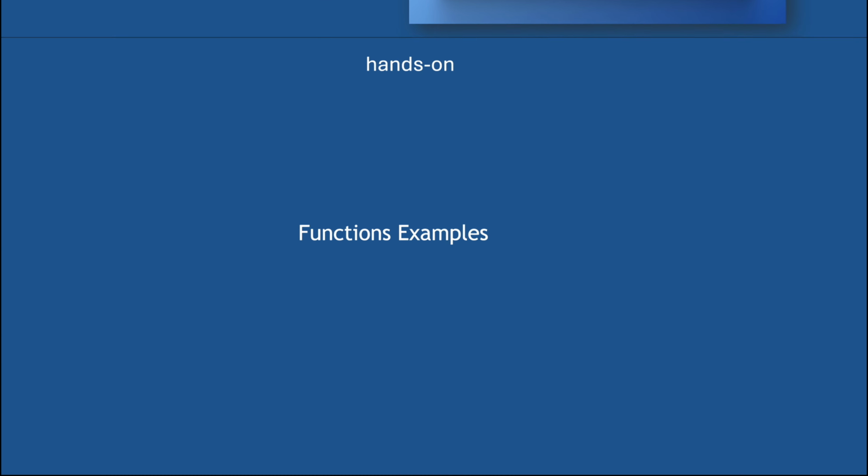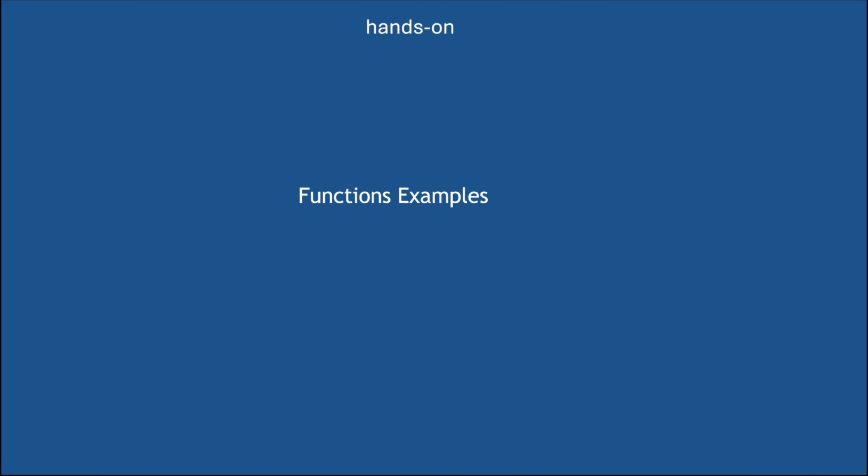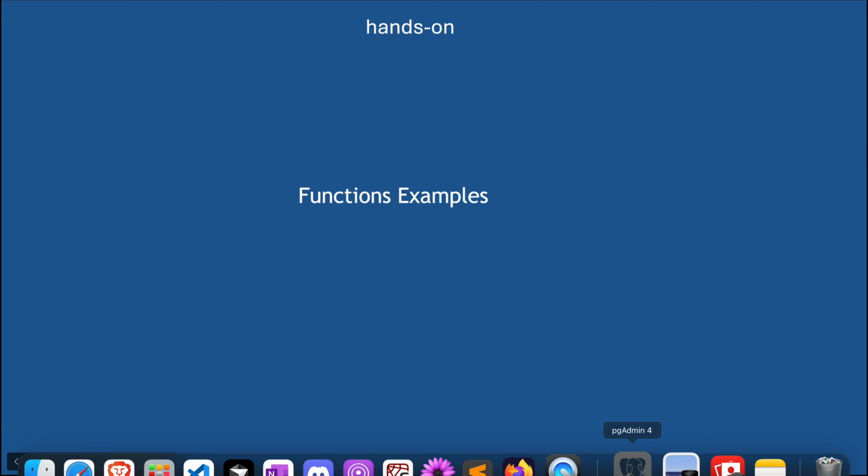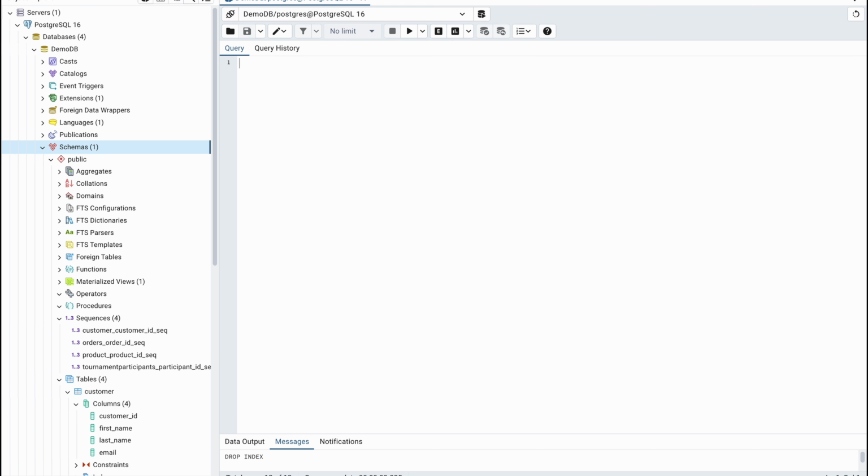Moving ahead, let's look at some hands-on work. Let's open up our pgAdmin and start writing the code. Let's get rid of this, and then we'll do select for the first example of length.